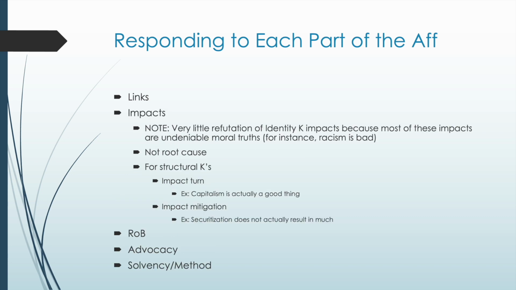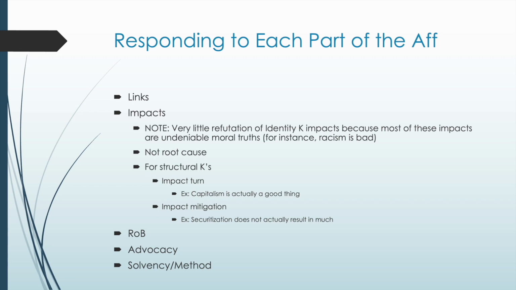Impacts. So note, when it comes to identity-based Ks, very, very little refutation happens on the impact level, because most impacts of identity Ks are undeniable moral truths, like racism is bad, sexism is bad, ableism is bad. All of these things are true. So instead, we go for arguments like, yes, those things are bad, but they are not the root cause of other forms of violence, meaning that we can focus on other forms of violence and solving those as well.